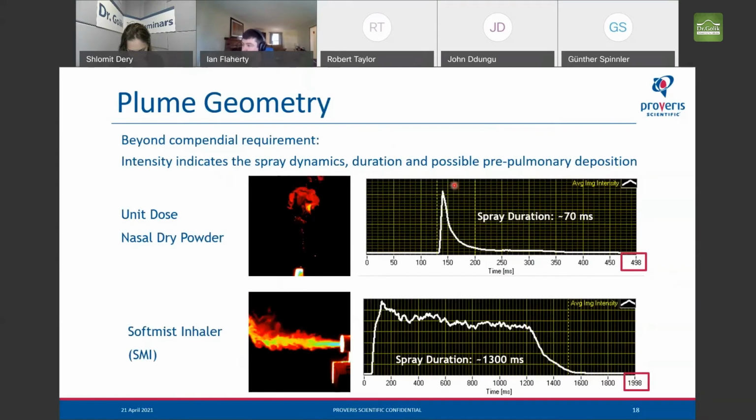You'll see the corresponding image intensity is a really quick spike that rapidly decays, versus a Softmist inhaler down here, which is a newer type of inhaler device that creates a very long duration, very uniform spray. With the same time scales, the spray duration is well over a second compared to the unit dose nasal powder, which is around 70 milliseconds.